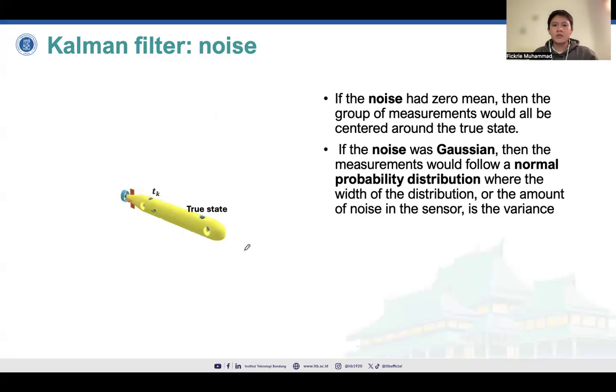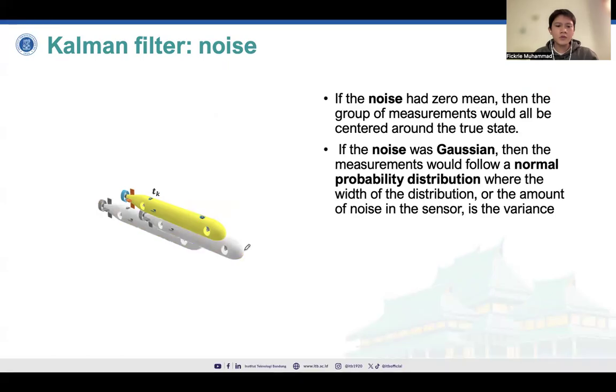So of course the noise, this is our true state. If the noise is zero mean, then the group of measurements will all be centered around the true state. What does it mean? This is our true state, and we have these noisy measurements, which are not always aligned with the true state.